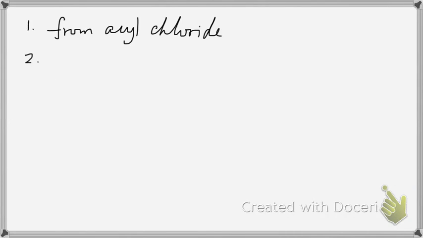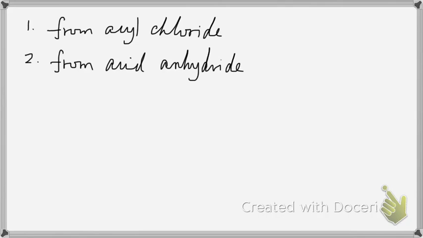So now let's focus on the carboxyl part. Amides can be made from the carboxylic acid derivatives that are more reactive. And we know all the other carboxylic acid derivatives are more reactive than amides, right? So amides can be made from acyl chlorides, from acid anhydride, and from esters.